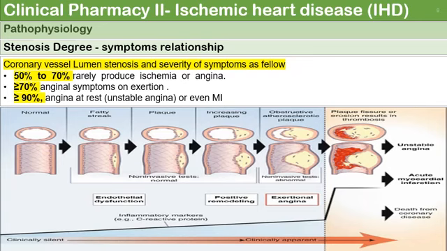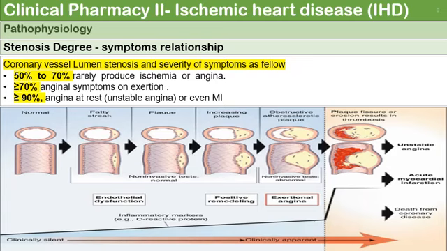As the physical activity or exertion increases, the symptoms of angina will appear more. When the lumen patency is reduced by more than 90%, the anginal pain will happen even at rest or with any minimal physical activity, so the pain will not be tolerable.